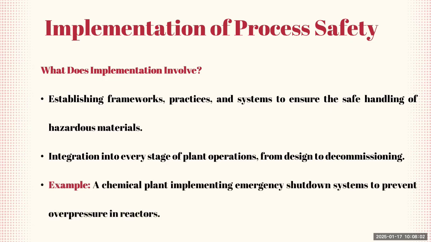So a good example of this is a chemical plant implementing emergency shutdown systems that can prevent, let's say, a reactor overpressure. So these systems act as a safeguard, automatically intervening to avoid incidents when pressure thresholds are exceeded. So let's say my maximum pressure is 10 bar. Anything greater than 10 bar, maybe my vessel cannot handle and it will explode.